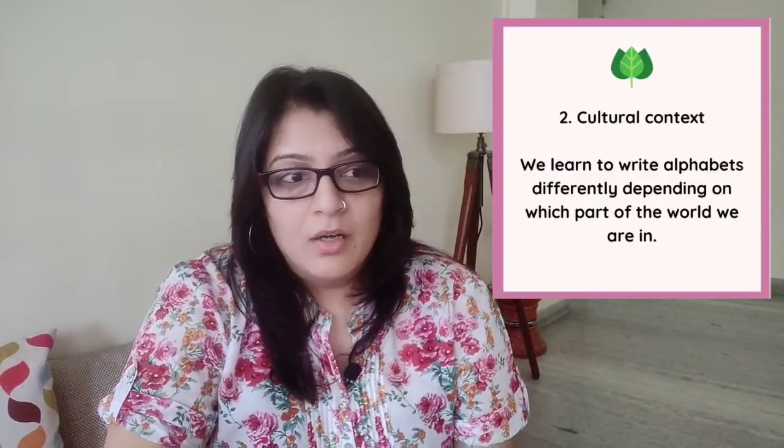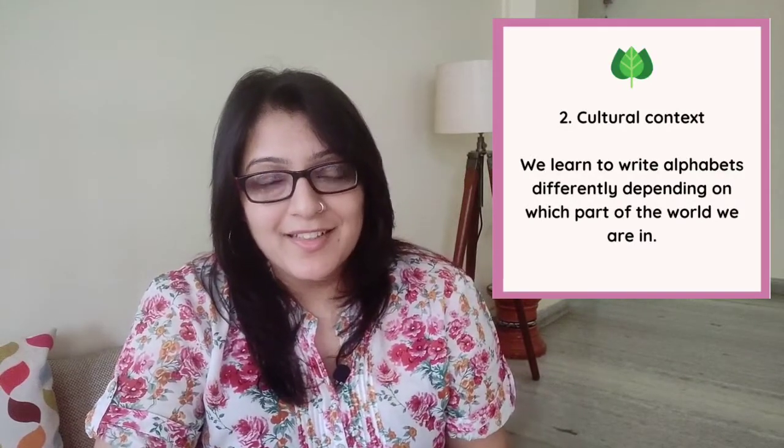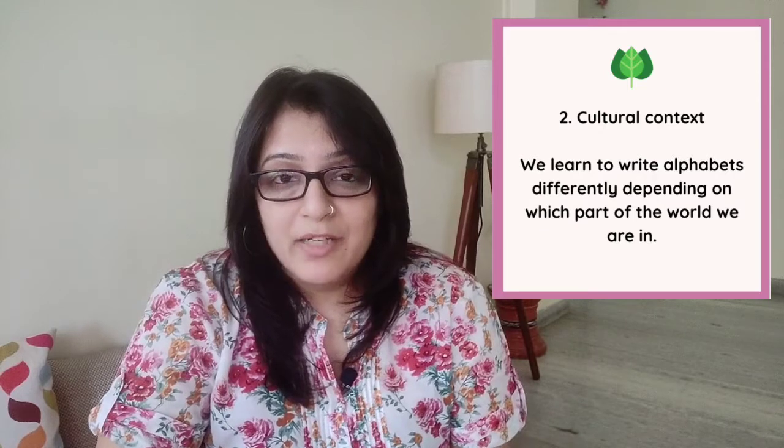Second of all, any interpretation that you find in a book will be subject to cultural context, which means that people write alphabets differently in different countries. The best example being, think of the way capital I is written in India. It's kind of like the Roman I, versus the way people write a capital I in maybe Europe or the US. They're taught to write very differently in school itself, which is why the handwriting often looks very different.